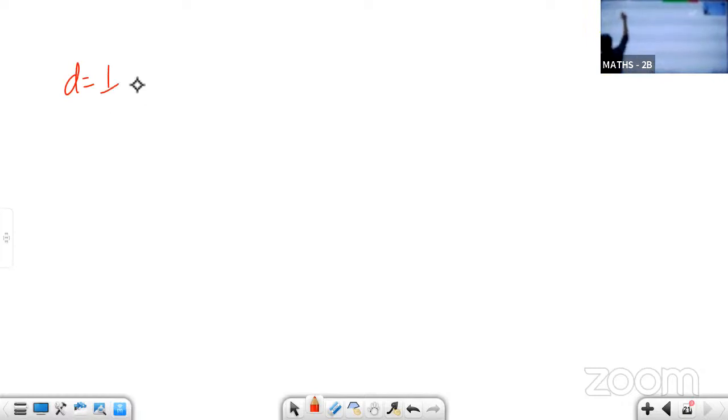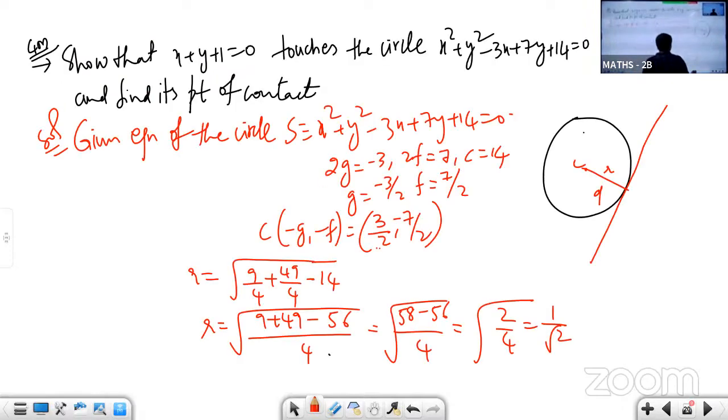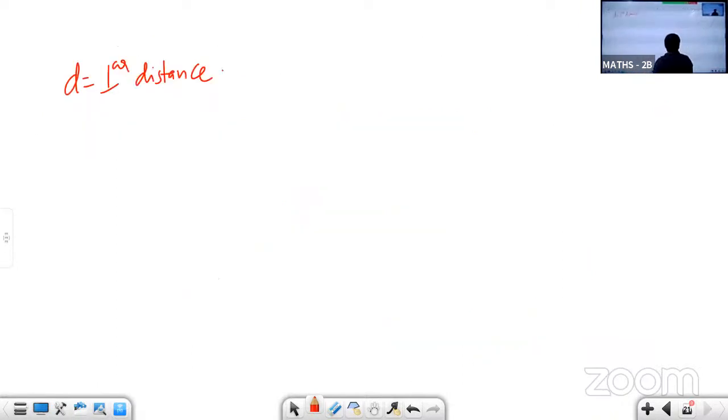d means the perpendicular distance. d is nothing but the perpendicular distance from the center.